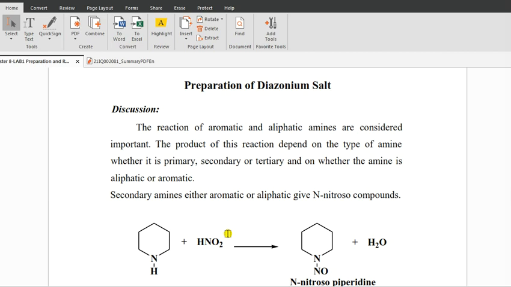So it's a very important experiment, because you will get some information about amines, and also you will learn some technical procedures.